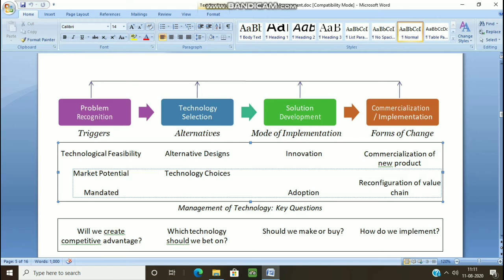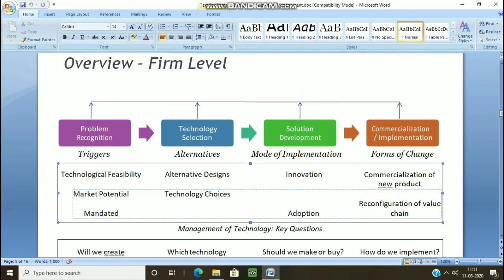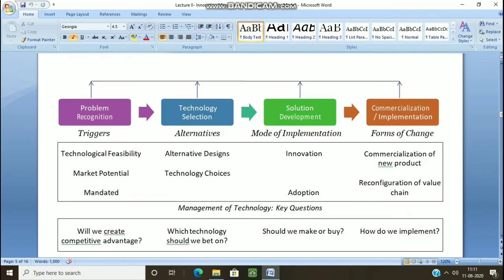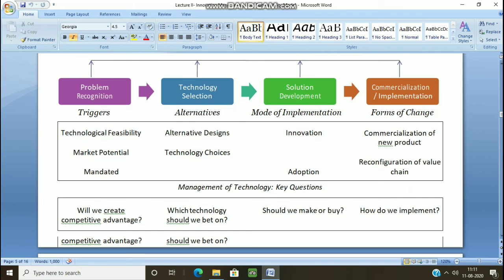Now, third stage is solution development. So this is called the mode of implementation. If you talk about the alternative design, definitely it is innovation, part of innovation. And technological choices, this is the adoption. Whenever you switch the technology from new to old or old to new, that is called adoption. So here in technology selection, the question is which technology should we bet on.